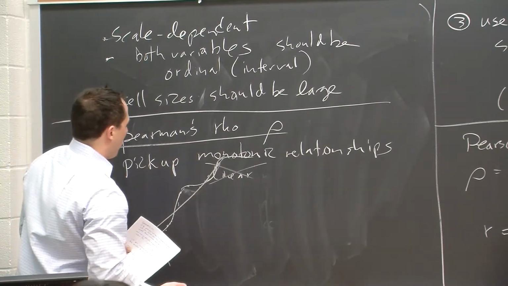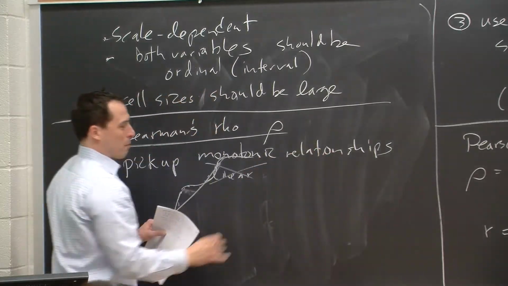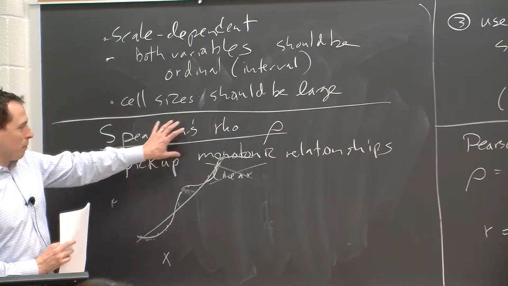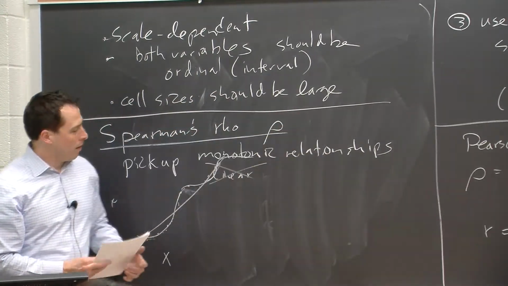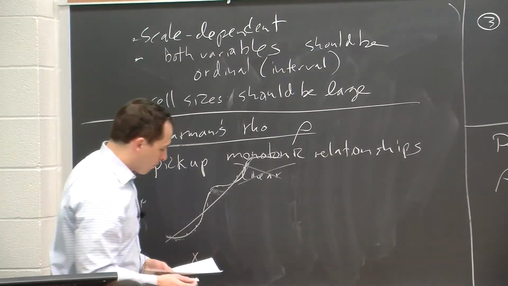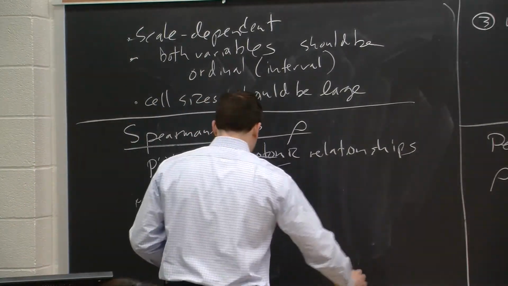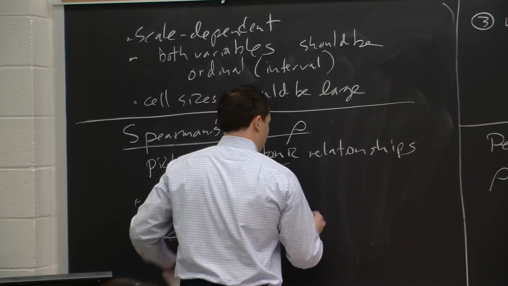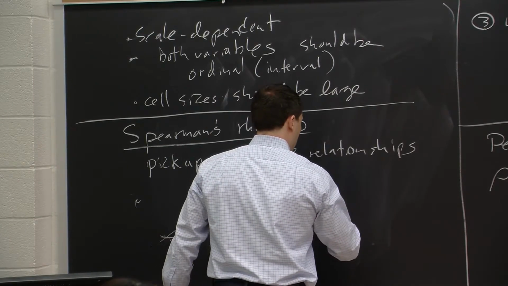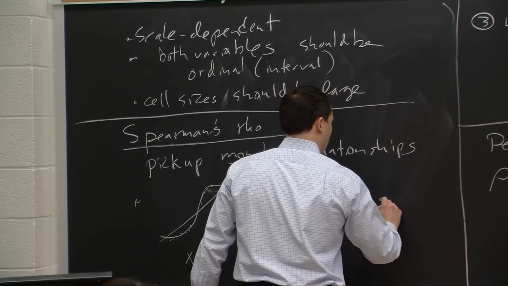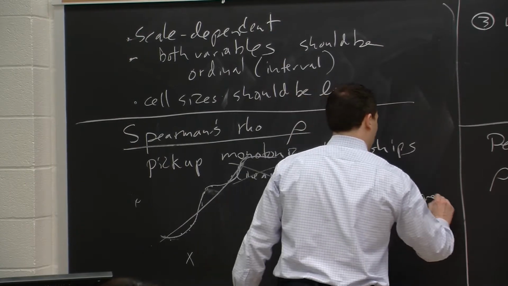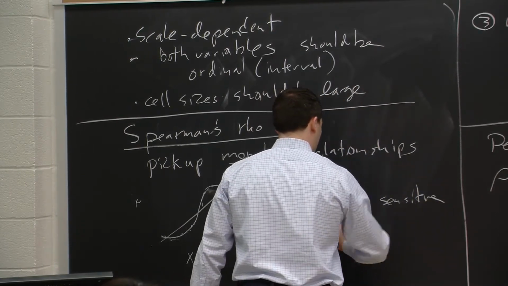So for variables which are monotonically but not linearly related, Spearman's rho will be higher than the Pearson correlation. And as a consequence, it's also less sensitive to outliers.